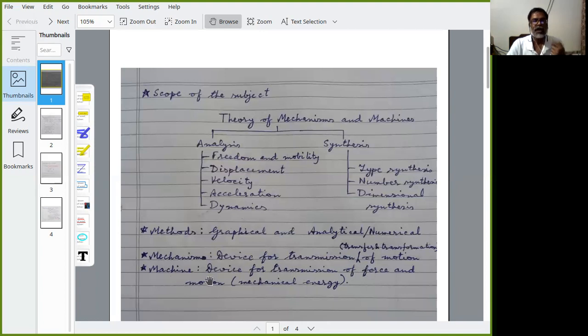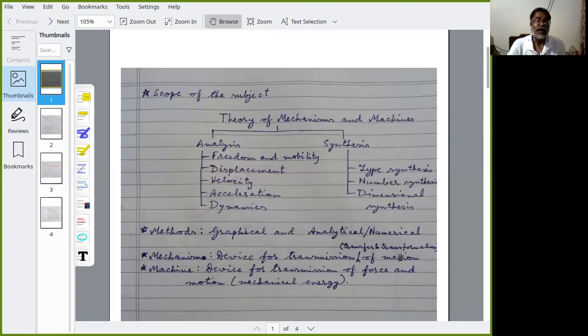In brief, you can say a machine is a device for transmission of mechanical energy. So when you transmit mechanical energy, you end up transmitting both force and motion. Now you see, a machine is for transmission of force and motion. A mechanism is a device for transmission of motion only, though there will be some force.